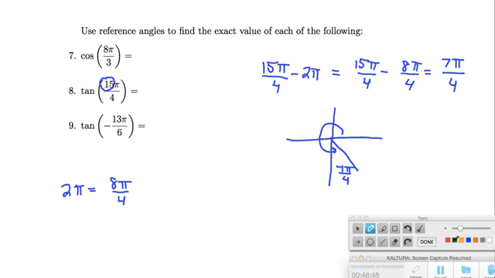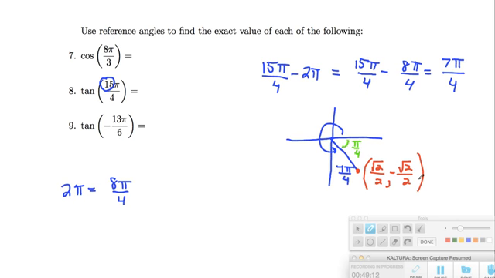And since we're just 1/4 shy of making it to the x-axis, our reference angle should be pi over 4, right? Which means that the point should look like square root of 2 over 2, comma, square root of 2 over 2. X-coordinates are positive in quadrant 4, but the y-coordinate should be negative, so the negative goes right there.